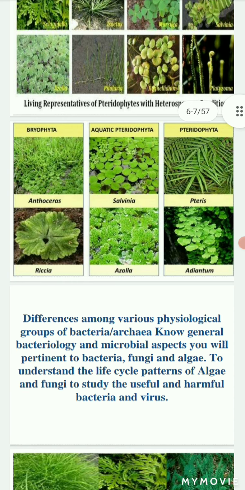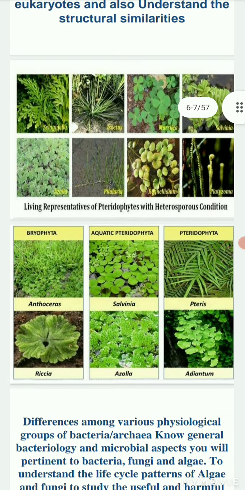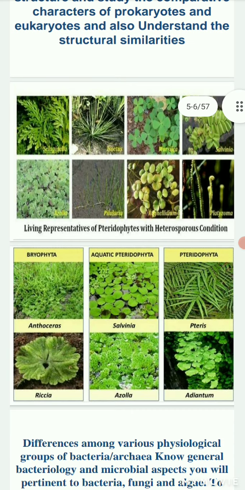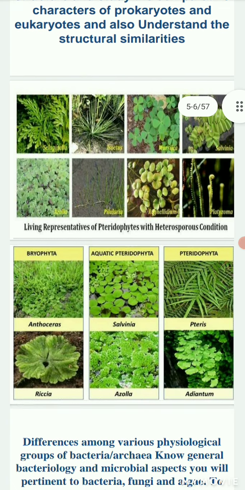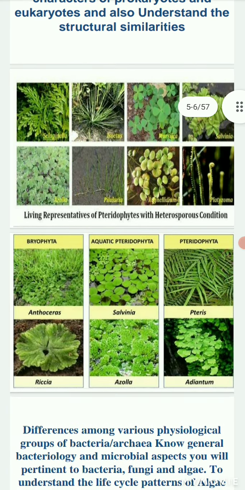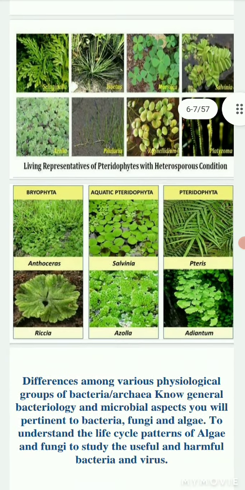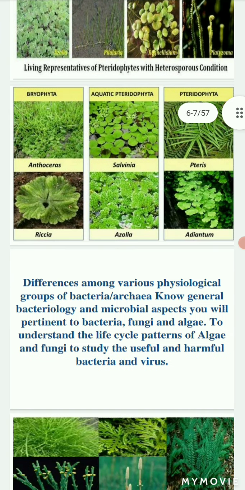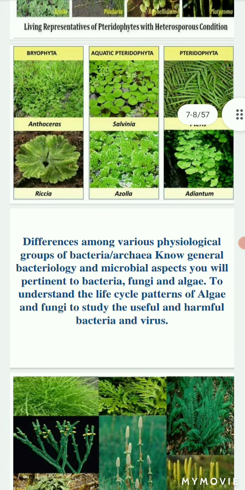So first of all, within this paper of semester 1, you will be able to know what is meant by cryptogams, which types of plant groups are included in cryptogams, and then you are going towards the type study, meaning all the characters, structure, function and their complete life cycle.